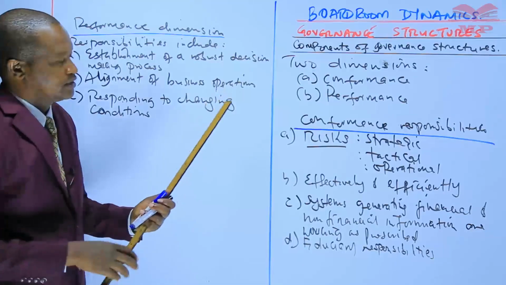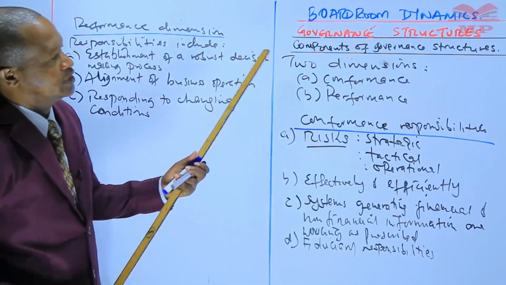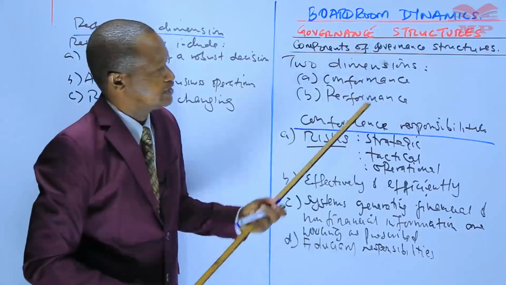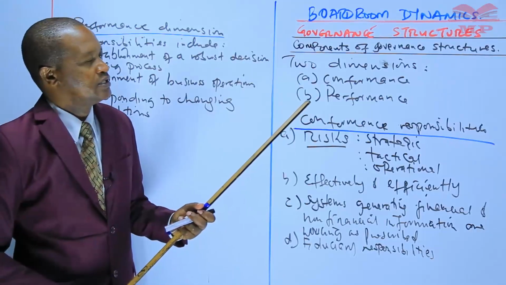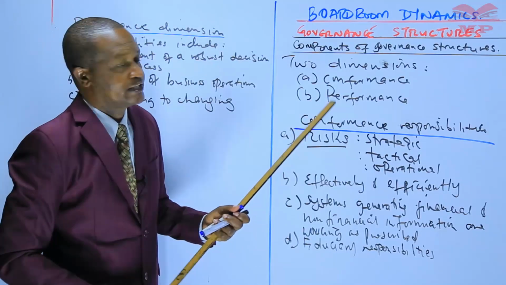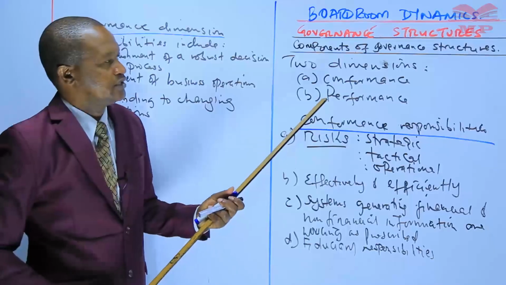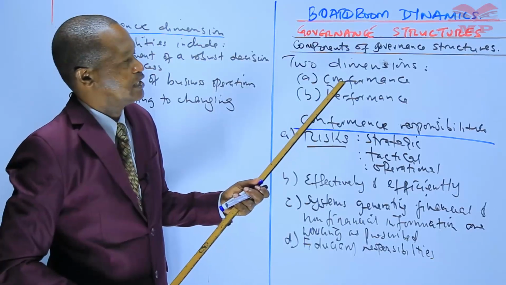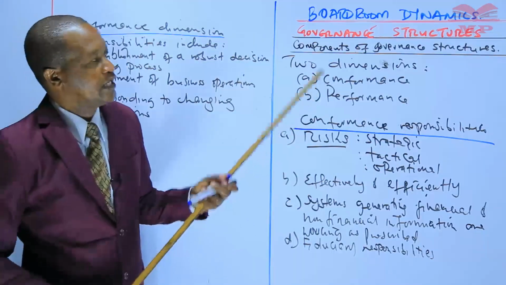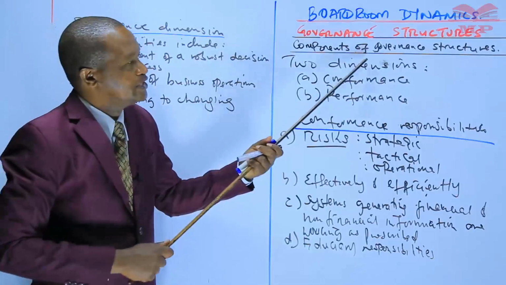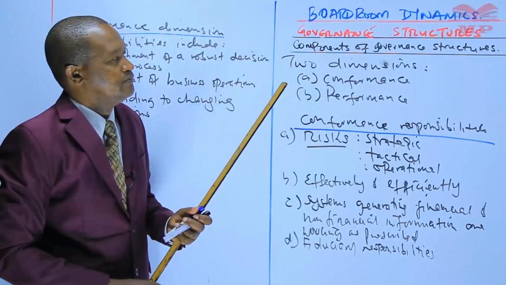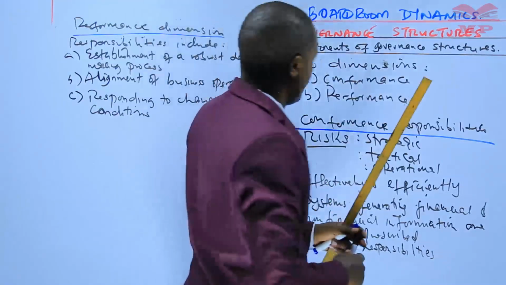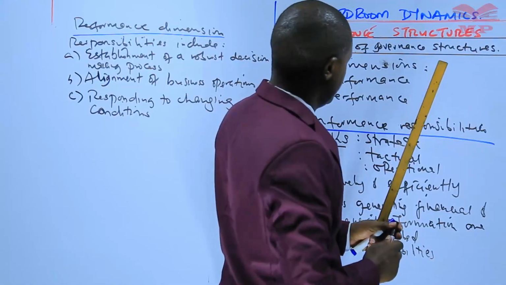Is that clear, candidates? We are discussing components of a governance structure. We've defined it as a framework that describes the various responsibilities, accountabilities and powers of the major players in a corporate setup. All right?